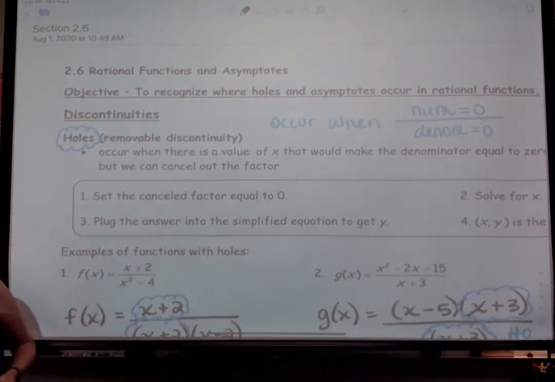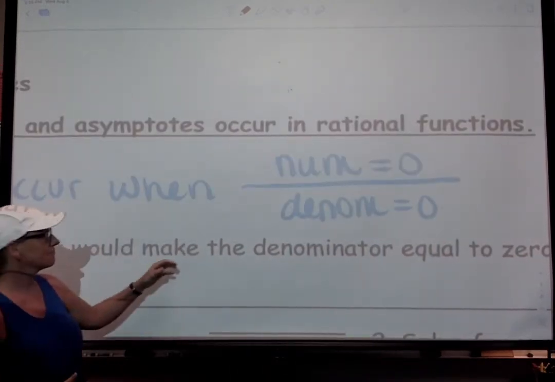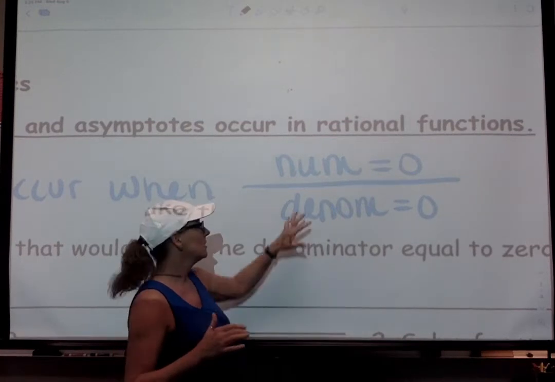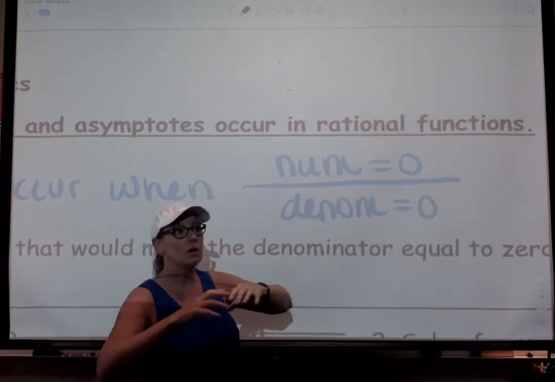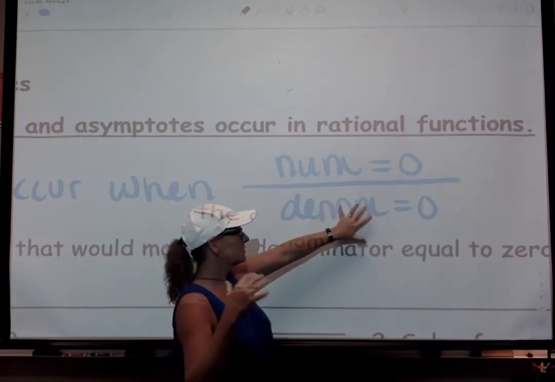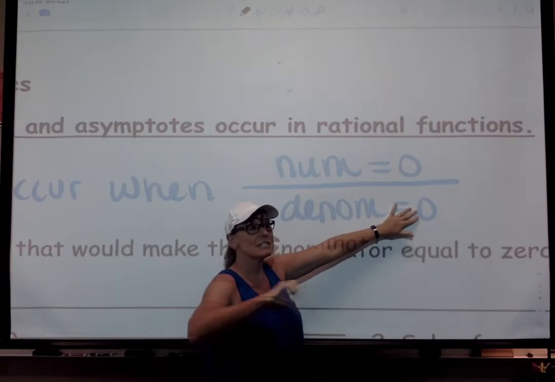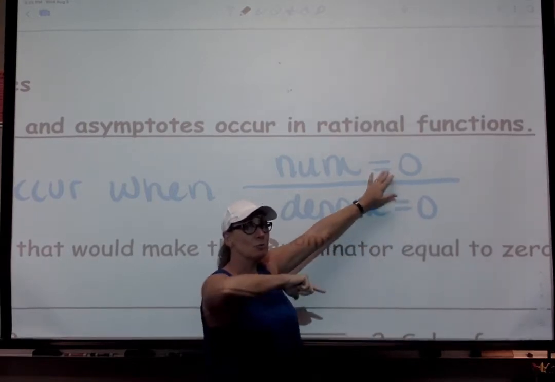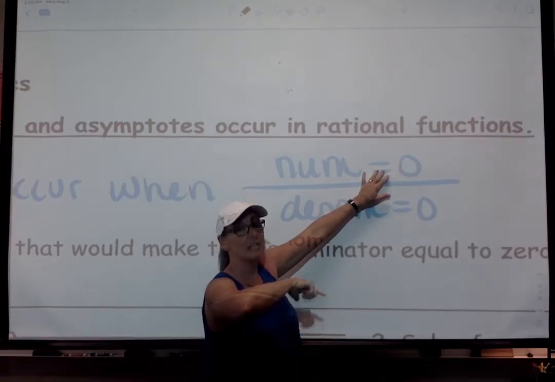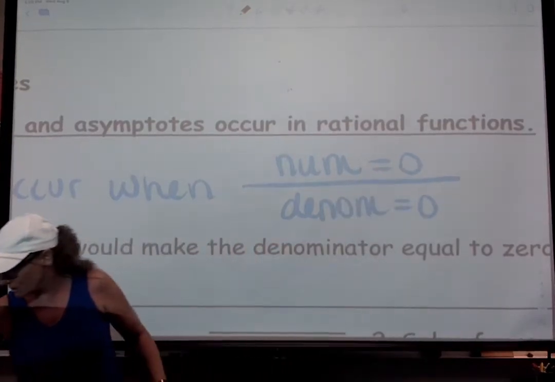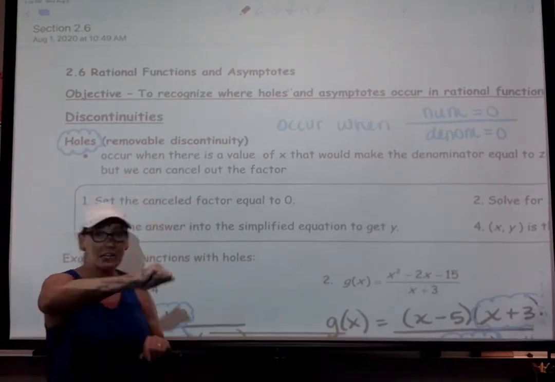Once we get it in factored form, we're going to see what x's cause my denominator to blow up. What x's make my denominator equal 0? Does that x make my numerator 0 also? And if it does, there is a hole in your graph.